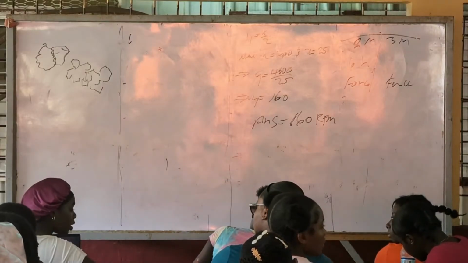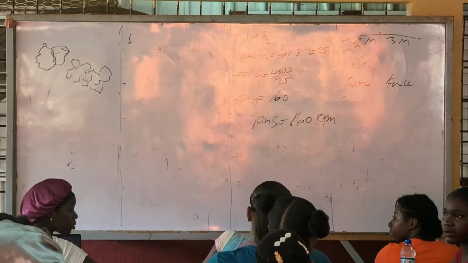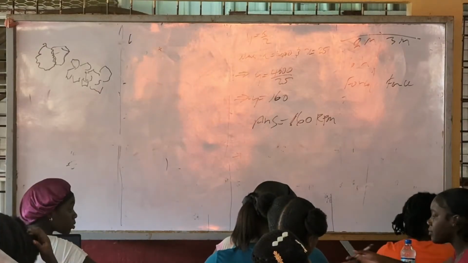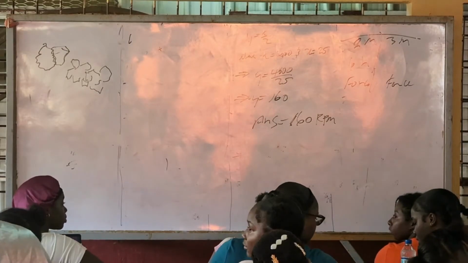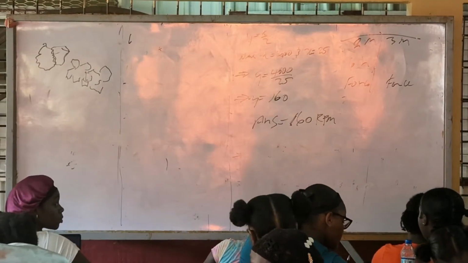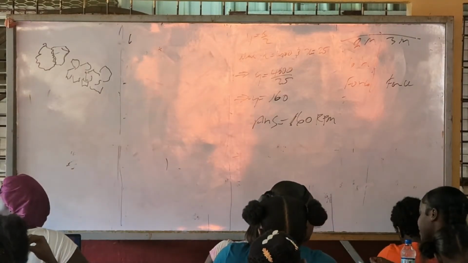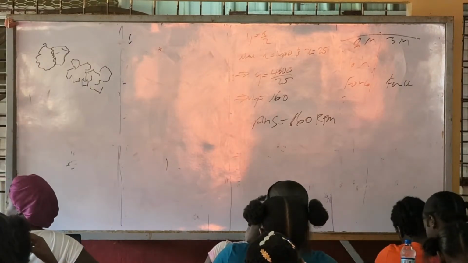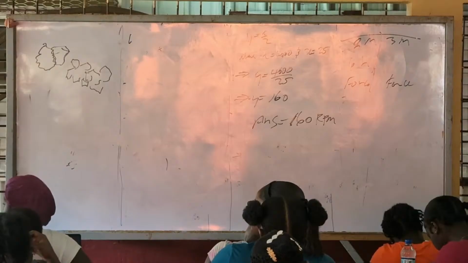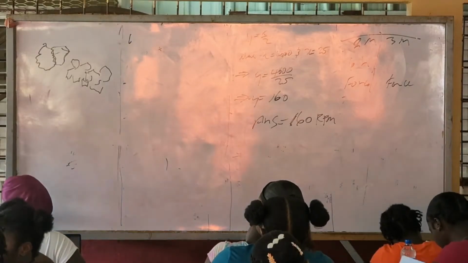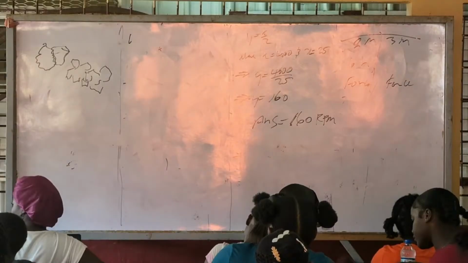I want you to do the 3 men and the 2 men. 2 men paint a fence in 6 hours. How long will 3 men take? That looks wrong. K over X. Yeah, you try to take a shortcut. Y equals 6 hours, right? 3 men.